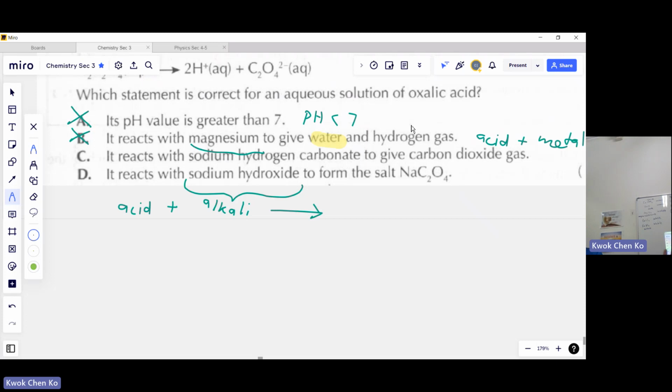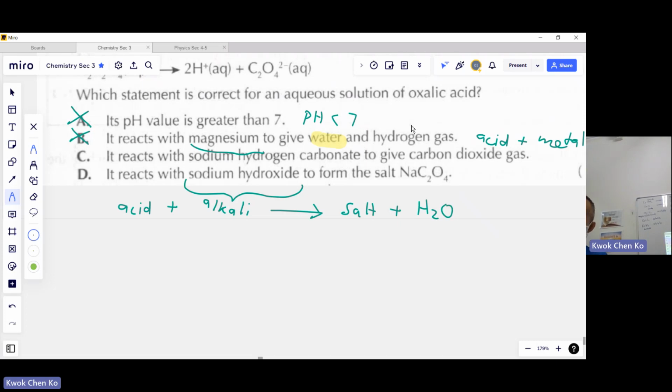Acid plus alkaline, what do you get? Acid plus alkaline. Well, alkaline is a soluble base, so it's the same as acid plus base. Acid plus base will, of course, be giving you salt and water.